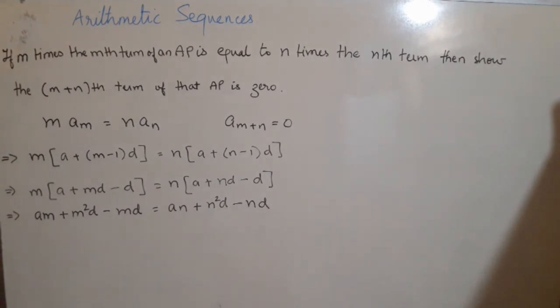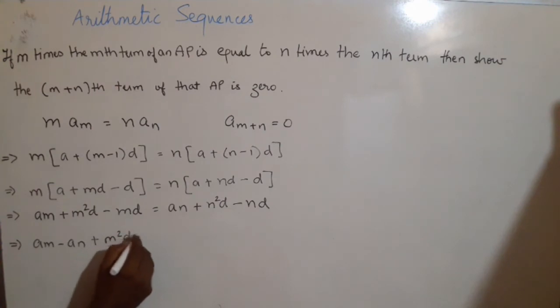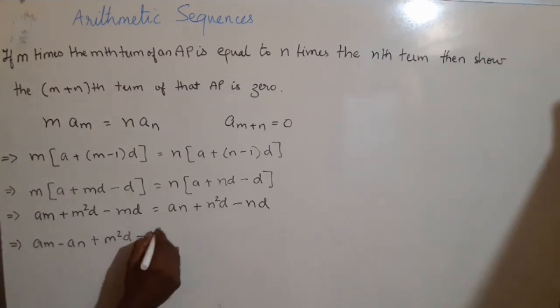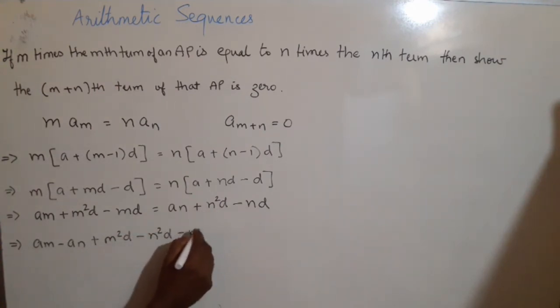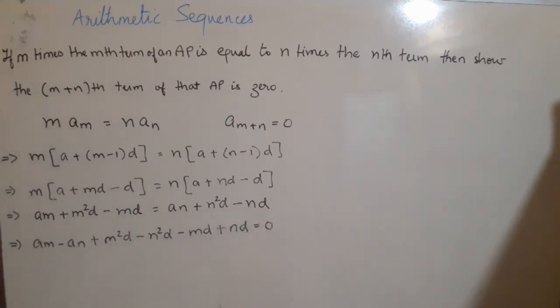Now we'll rearrange the terms on this side. So we have A m minus A n plus m square D minus n square D minus m D plus n D equal to 0.